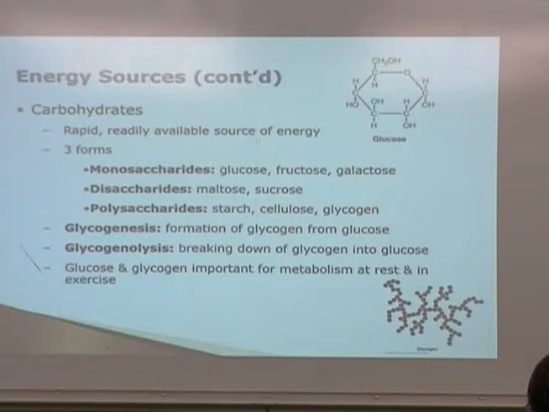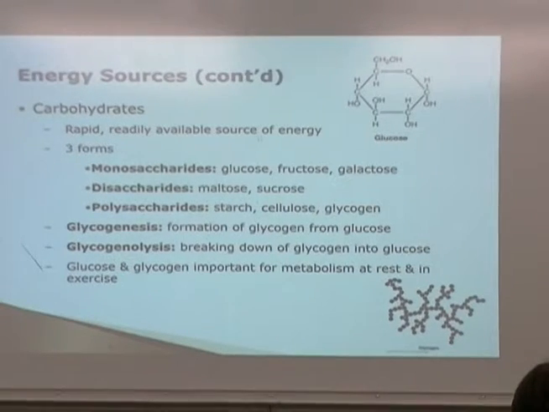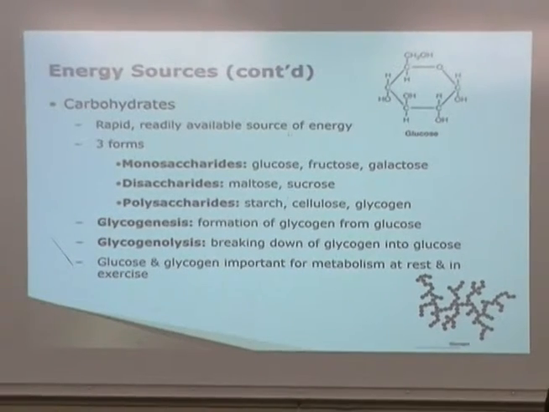So it's very quick. Typically we have some glucose in our bloodstream, so we have some immediately available to our muscles. We also store carbohydrate in the form of glycogen in our muscle tissue, so it's right there where we need it, when we need it.